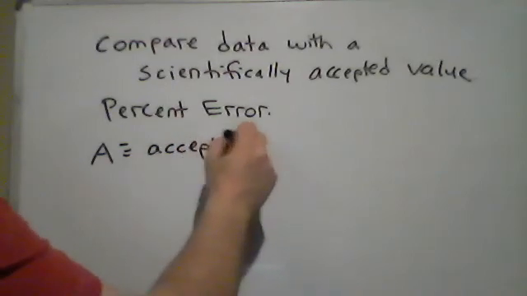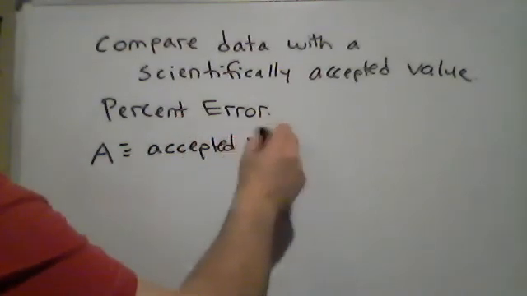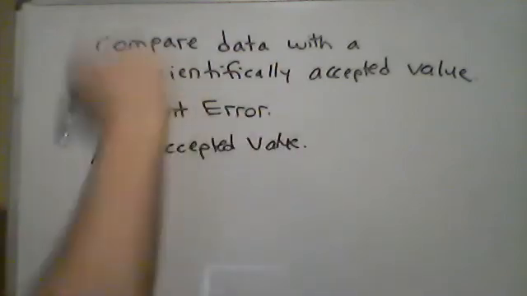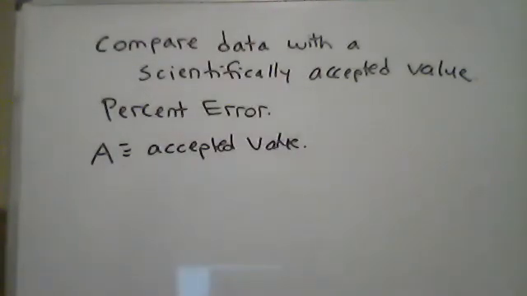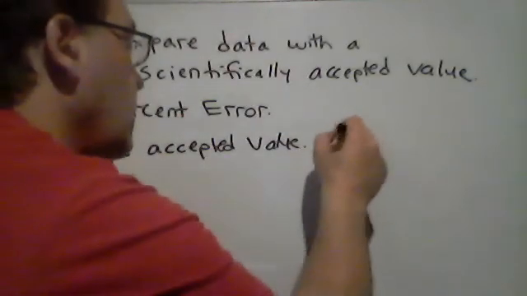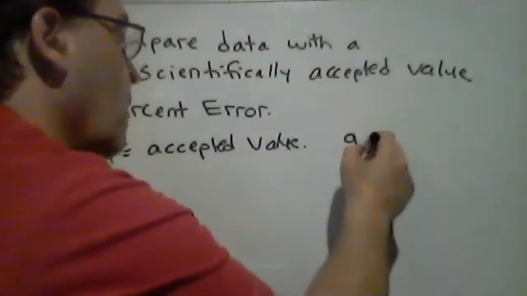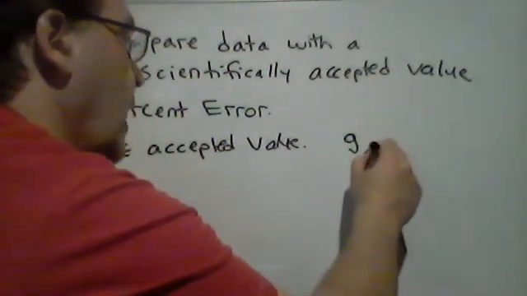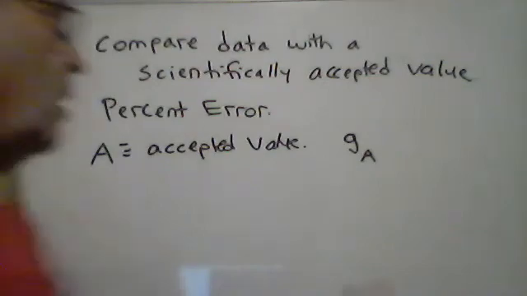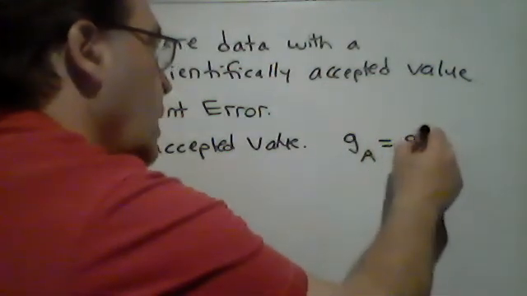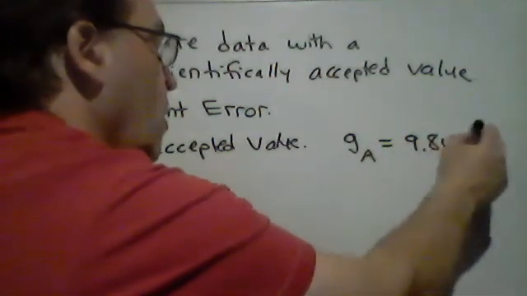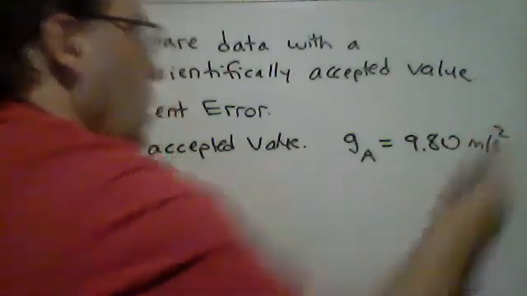Let's say I'm trying to do this experiment, and let's say that I did that free fall experiment, and I know that the true G, we'll call it G sub A, G accepted, is going to be 9.80 meters per second squared.